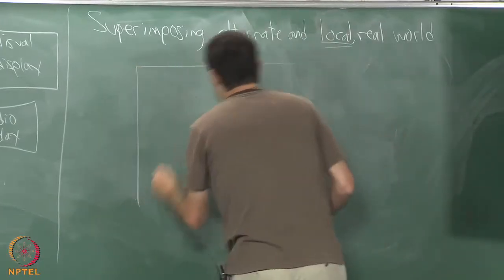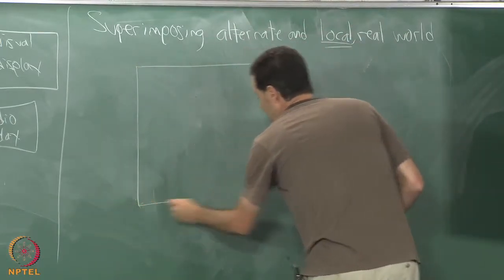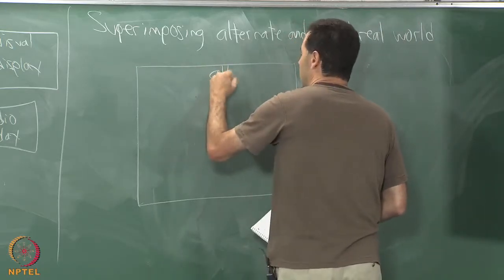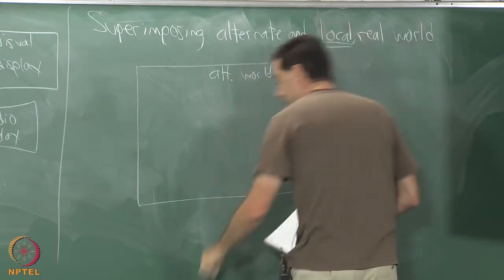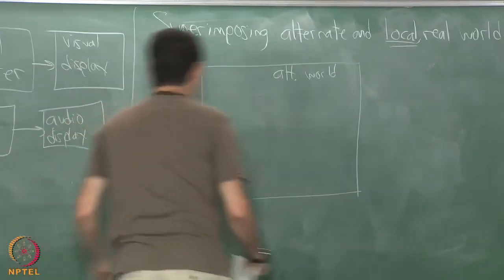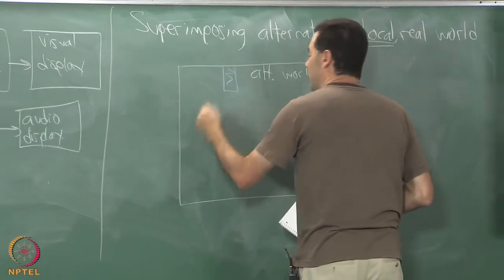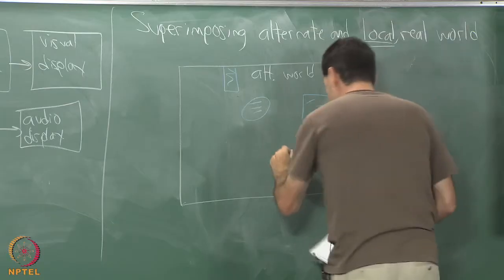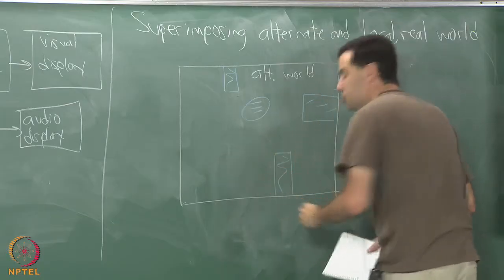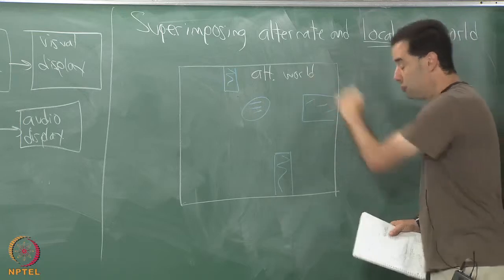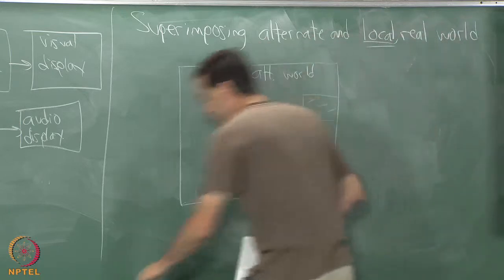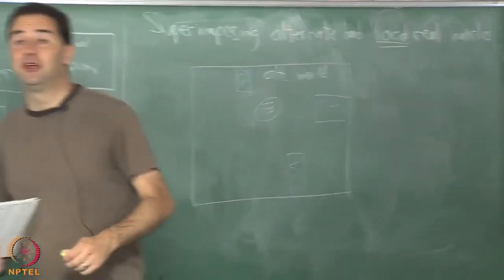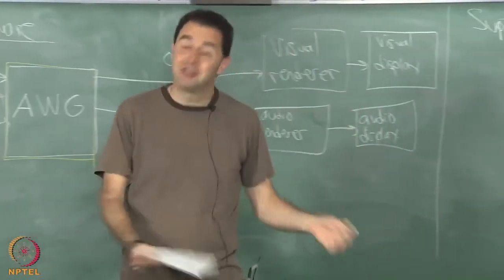Somehow there's an alternate world being generated by the alternate world generator. I want this to be really geometry here. So there's an alternate world, and in this world there are maybe pieces of furniture around, obstacles of some kind. So there's stuff in this alternate world, and this story is being maintained that's fooling your brain that you're being placed into this world.